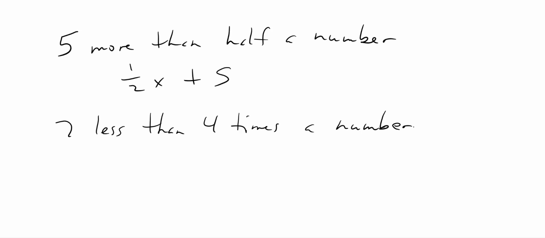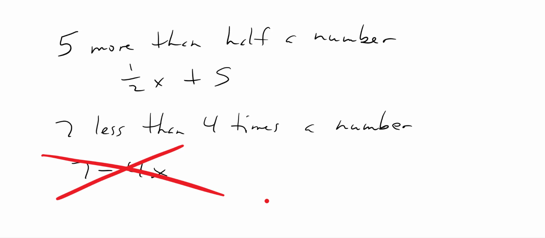So what kids want to do is they want to do it just the way they look at it, and they want to say 7 minus 4x. And you know what I'm going to do? Boo. That's not the right answer. That's not 7 less than 4 times the number. Think about it logically. If I said, hey, you're 10 years less than my age, wouldn't you subtract 10 from my age? This one's saying 7 less than 4 times the number. Wouldn't you subtract 7 from 4x?